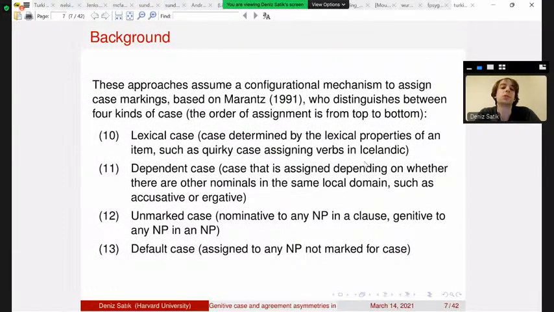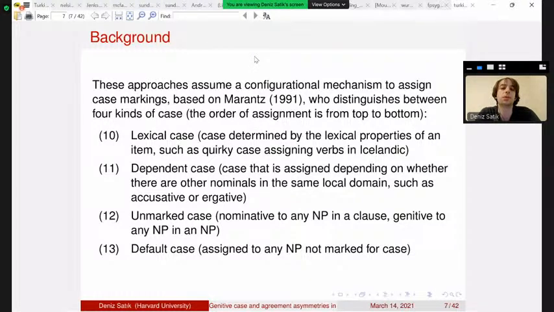These approaches assume a configurational mechanism to assign case markings, based on Marantz 1991, who distinguishes between 4 kinds of case. The order of case assignment is from top to bottom. First you're assigning lexical case and then the other stuff. Lexical case is case determined by the lexical properties of an item, such as quirky case assigning verbs in Icelandic.